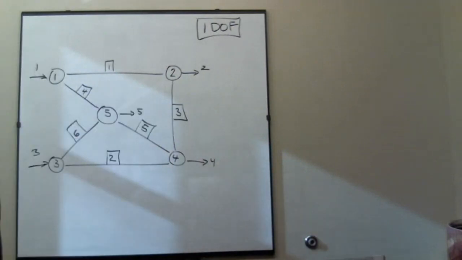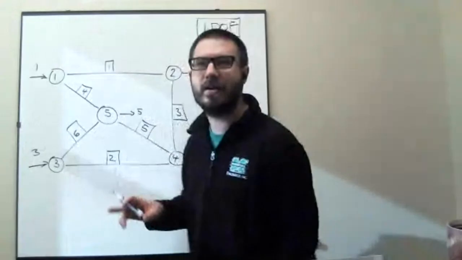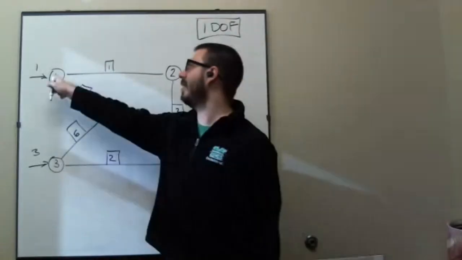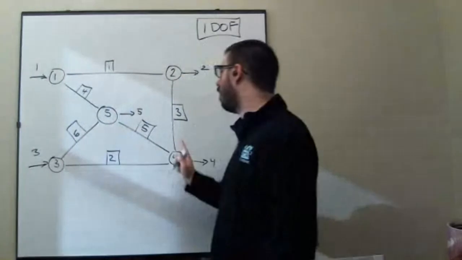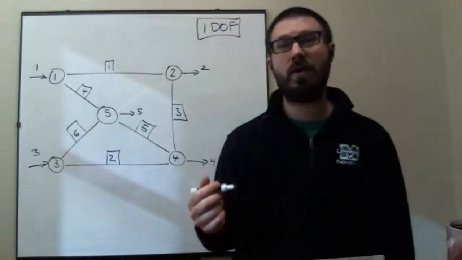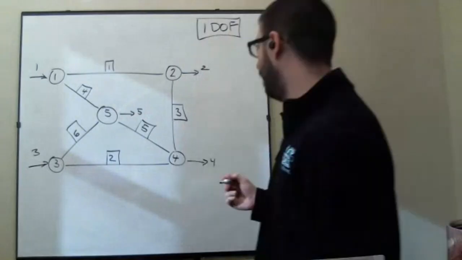So overall, the big matrix at the end was a 5 by 5, and the reason it was a 5 by 5 is because there were 5 joints, and each joint had 1 degree of freedom.